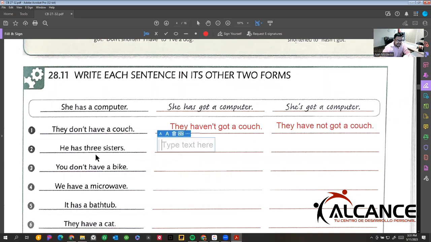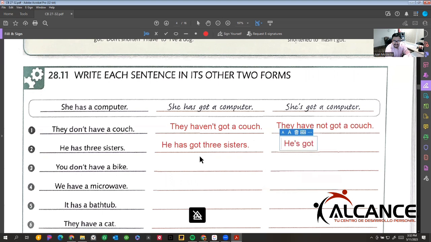He has 3 sisters. Siguiendo aquí the way it's written on top, following this. He has got 3 sisters. For this one, we just do the contraction, right? He's got 3 sisters.